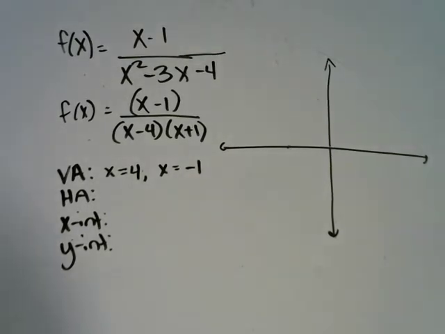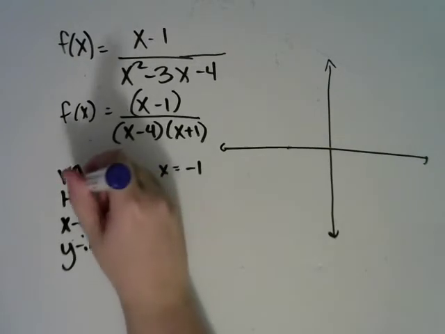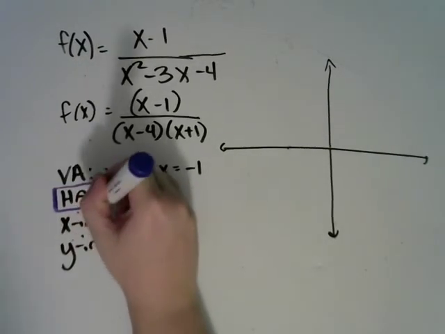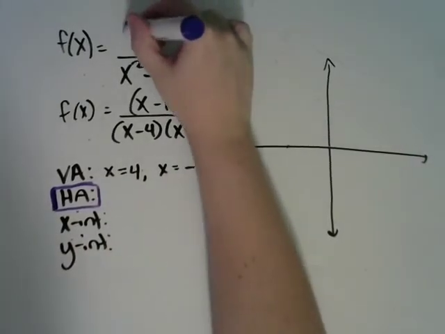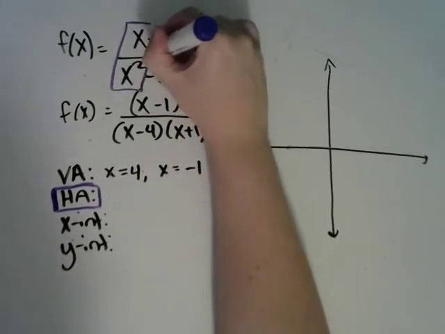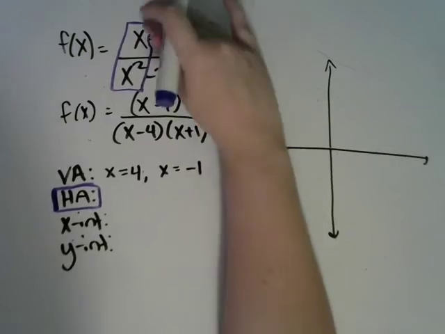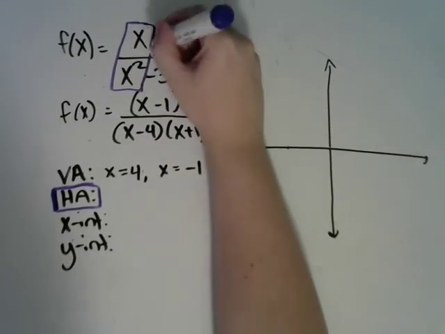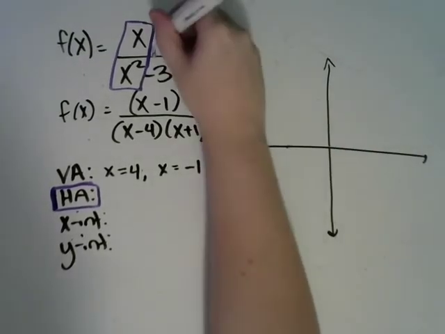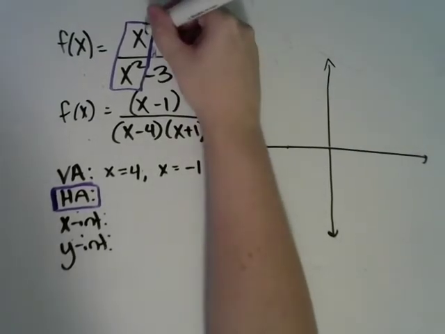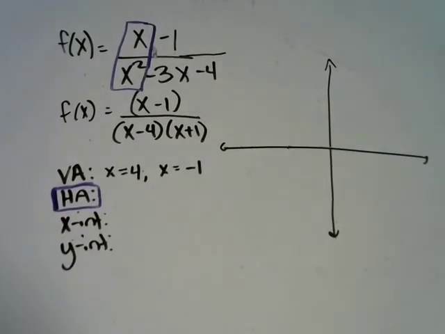The horizontal asymptote is oftentimes the trickiest to decide because there are 3 possible cases that we need to practice in the video notes. The first case is the one in this example, where the degree of the numerator is less than the degree of the denominator. So as you can see, my numerator is x to the first power, and my denominator is x squared.